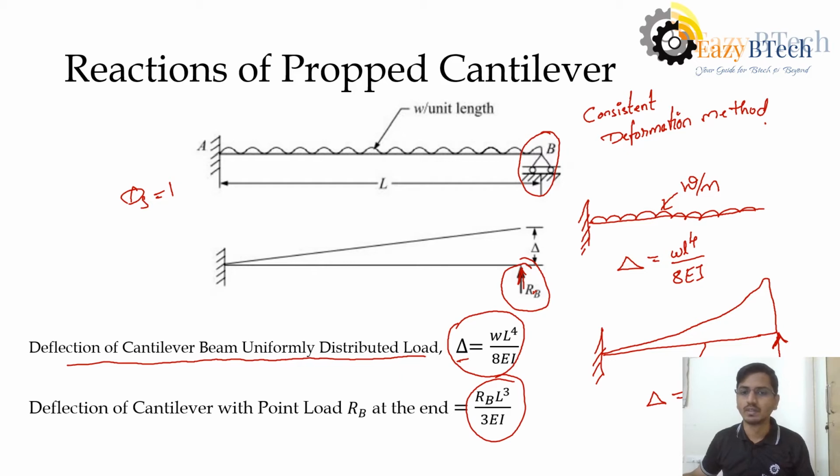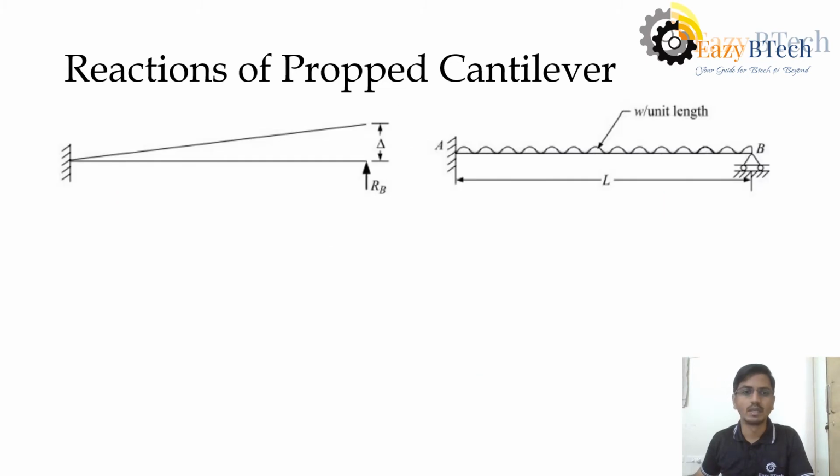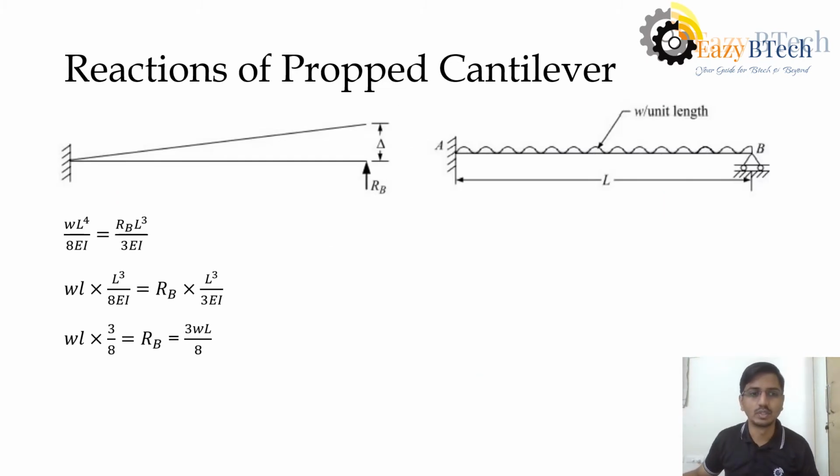So the first step here is to memorize this formula, deflection of cantilever using UDL, then the point load. Now we are equating these two formulas. This is due to UDL and this is due to the RB point load.